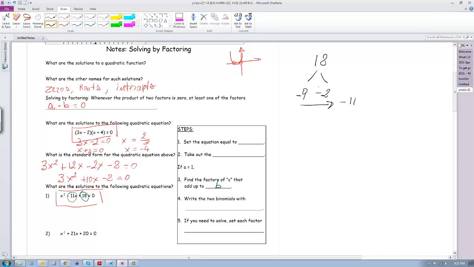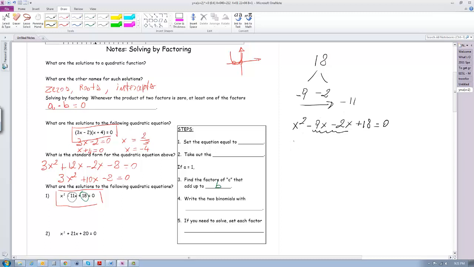So once I have found those two factors, I can rewrite my equation as x squared minus 9x minus 2x plus 18 equals 0. As you can see, I didn't change anything, because the only thing I did is split the minus 11 as the sum of the two factors. So this remains the same.